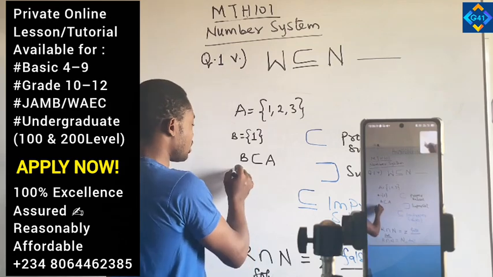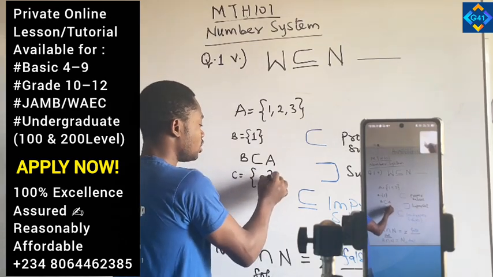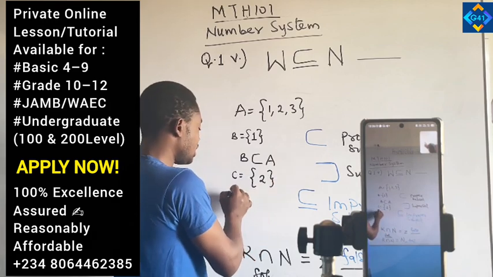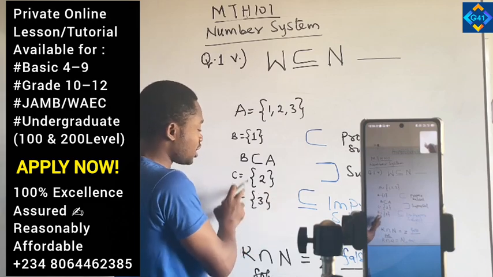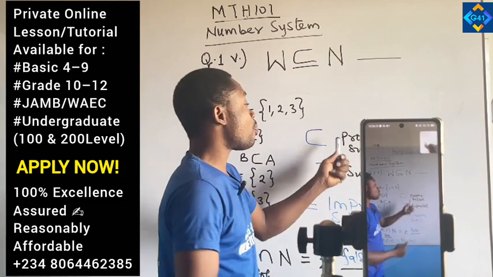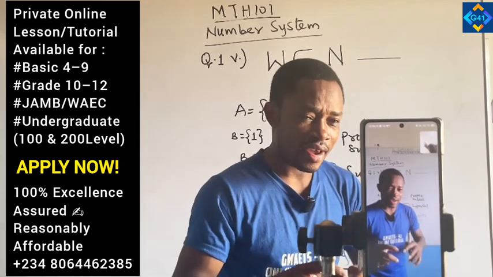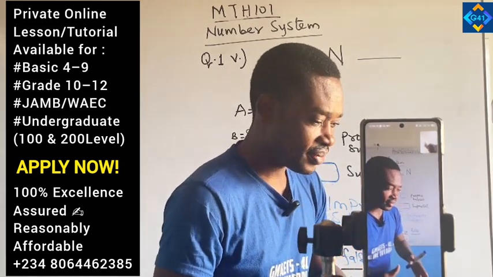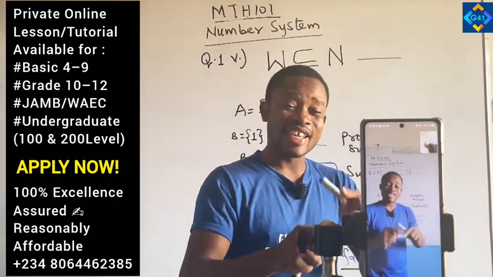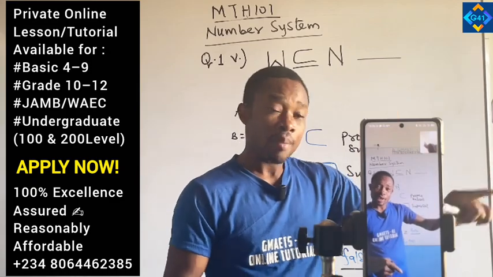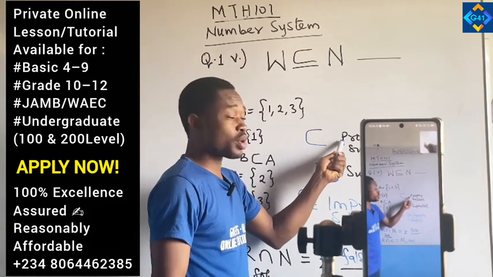Now let me give you another subset. If I say that set C is equal to {2}, set D is equal to {3}, all these sets C and D are proper subsets of A because they contain elements inside A. Do you get that? Yes. The reason is that they contain elements that are inside A, but they do not contain all the elements in A. For that reason, we use the term proper subset for them.